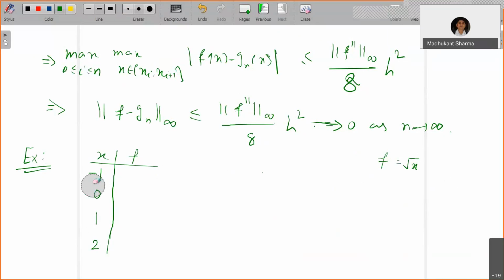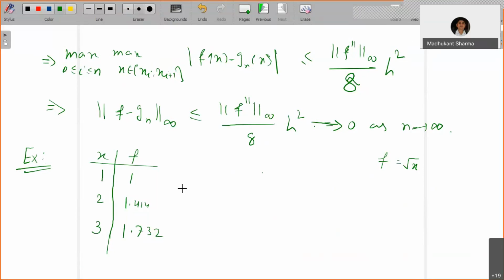So what we can do here is take x as 1, 2, and 3. At 1 the value is 1, at 2 the square root of 2 is 1.414, and the square root of 3 is 1.732 something.